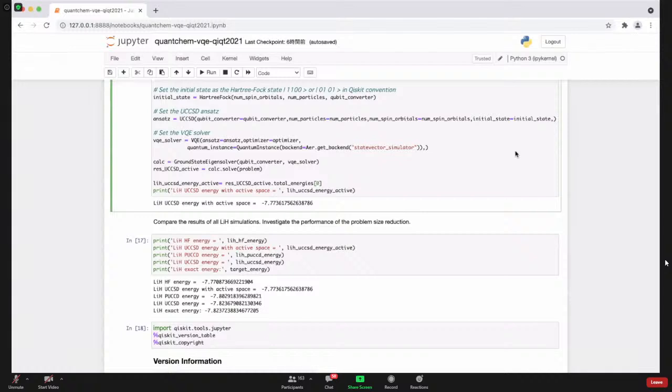So first of all, we actually do this kind of thing. When we want to tackle a large size problem, we usually choose a relatively smaller size problem with a similar chemical character. And then we calculate different ansatz or change the active space and see the performance.